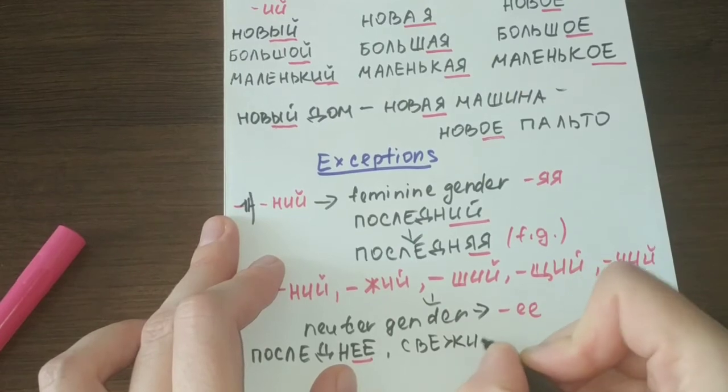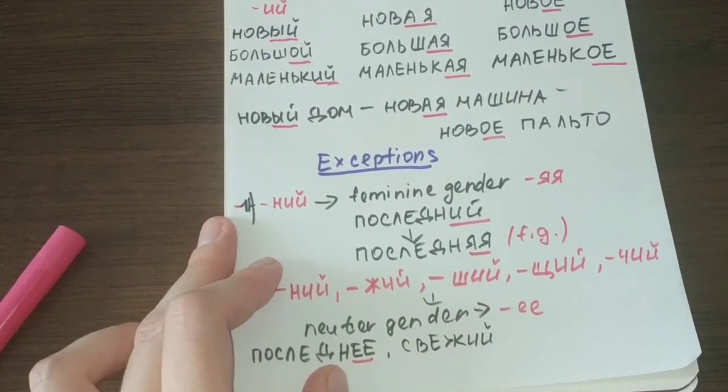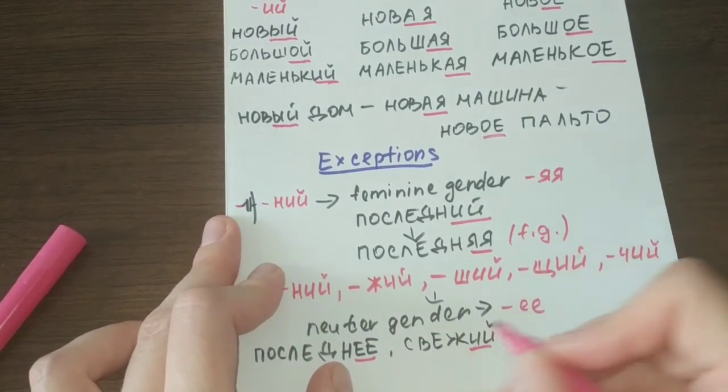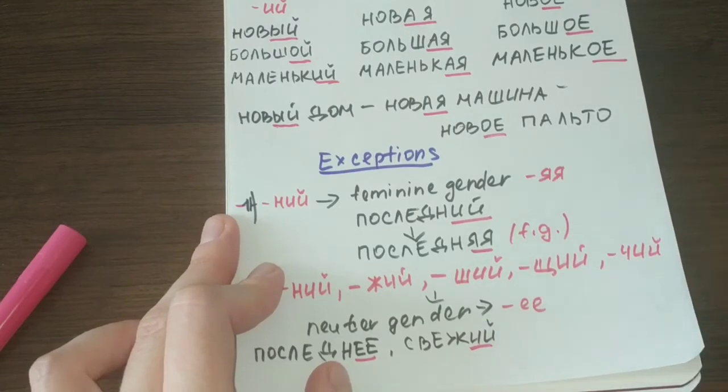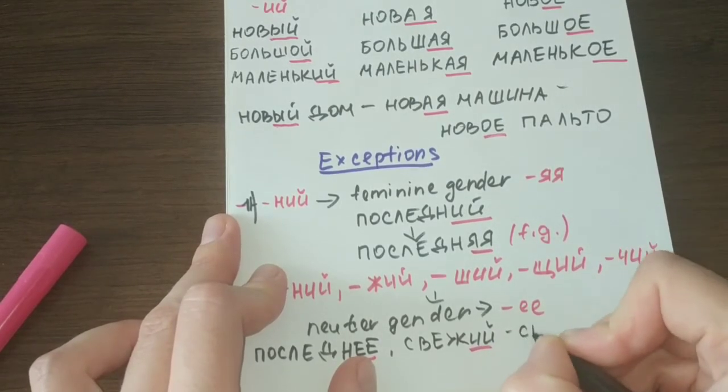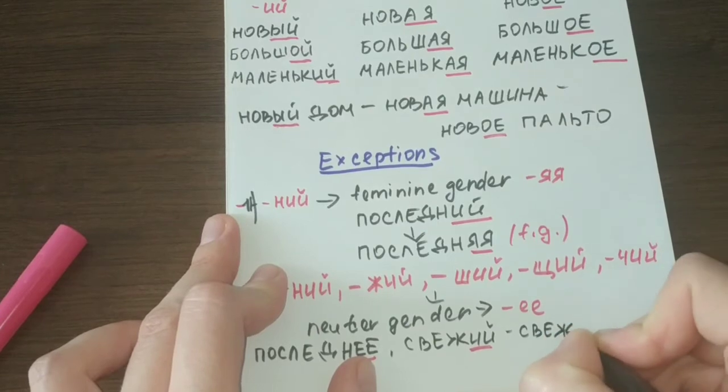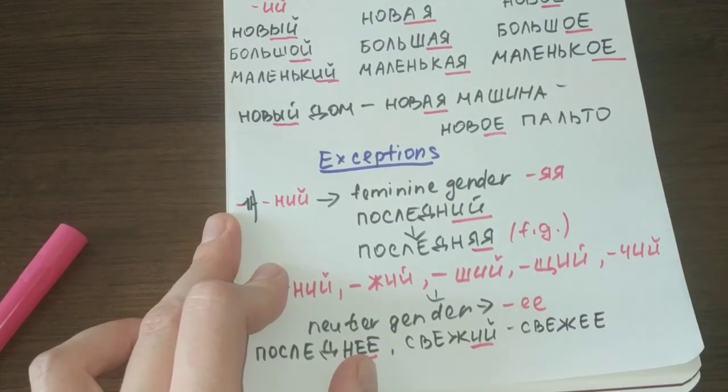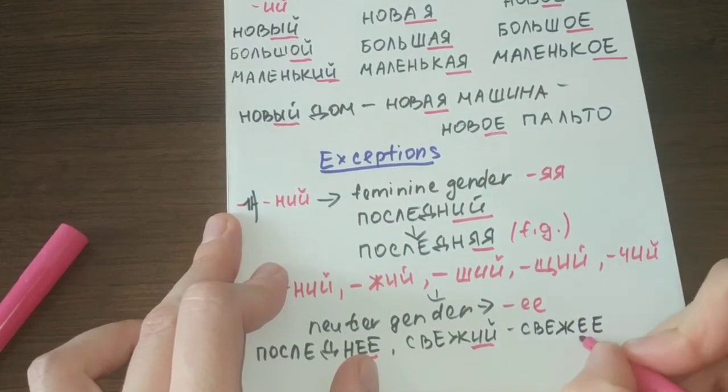So this is the masculine gender adjective, свежий, meaning fresh, and in the neuter gender it will be свежее.